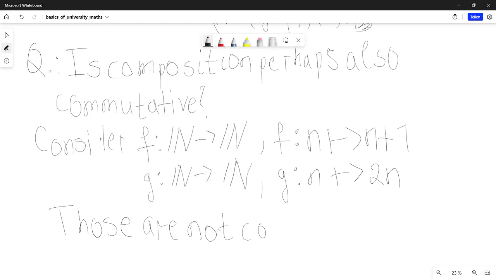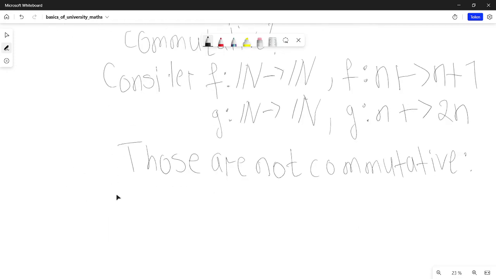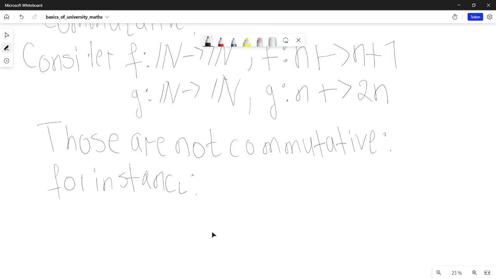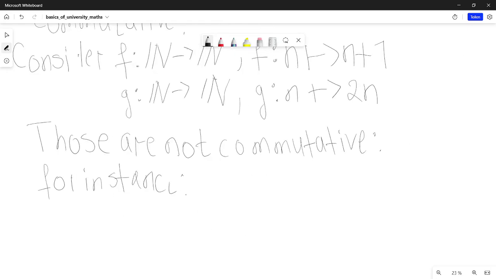For instance, it suffices to find at least one element of N for which we map it to different things, and we just take 0, right? For instance, and we apply the maps respectively.